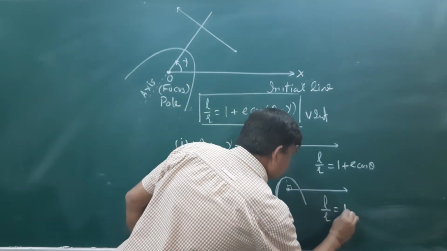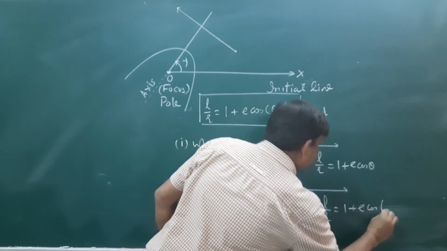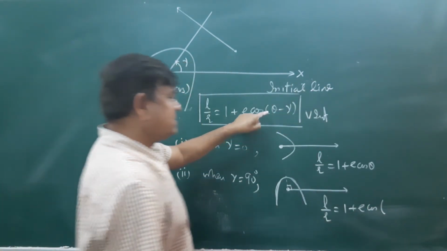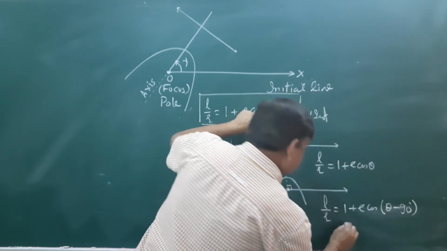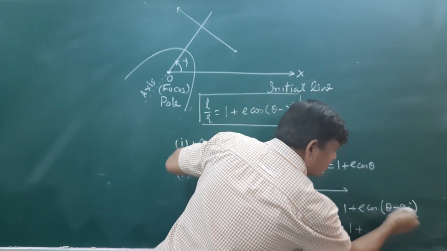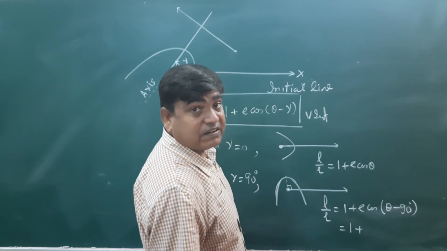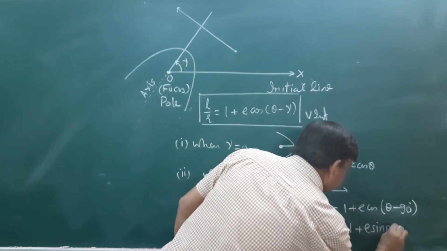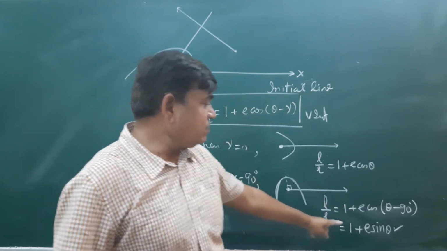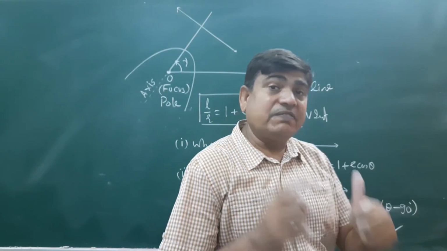L upon R equals 1 plus E cos theta minus 90. Cos theta minus 90, or 90 minus theta, doesn't matter, it is sin theta. So L upon R equals 1 plus E sin theta. This we have done separately.